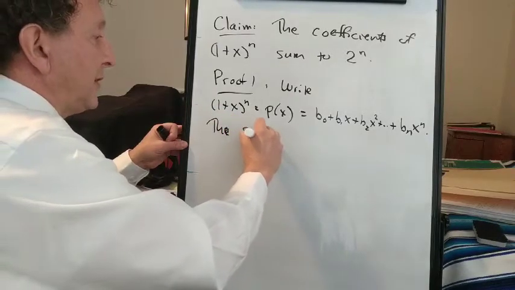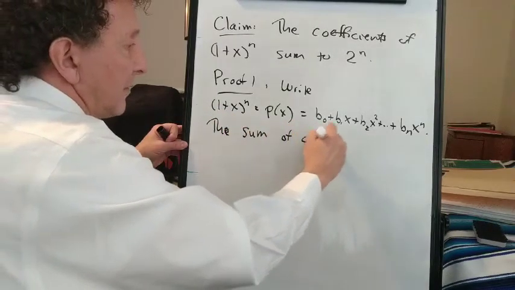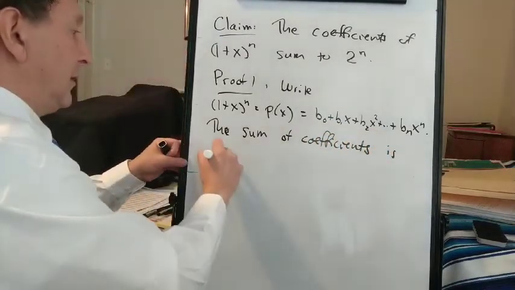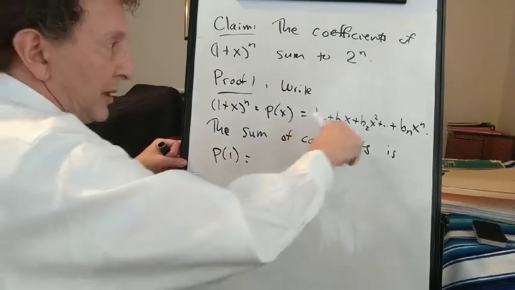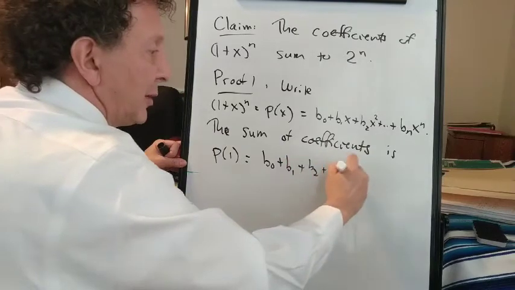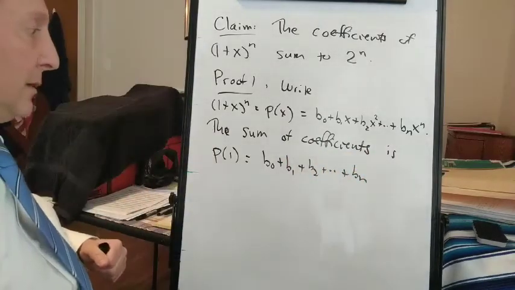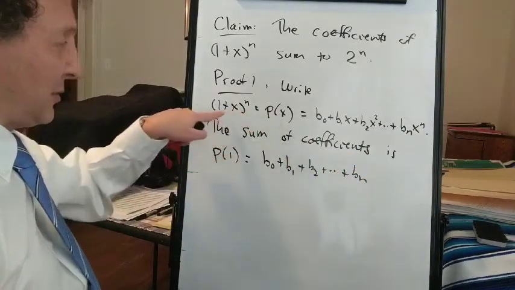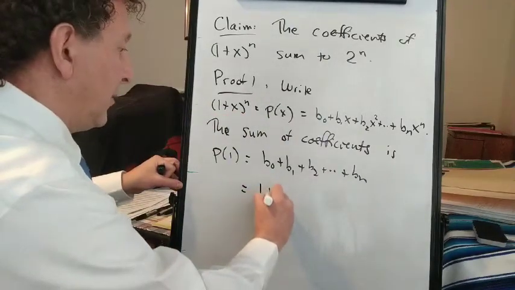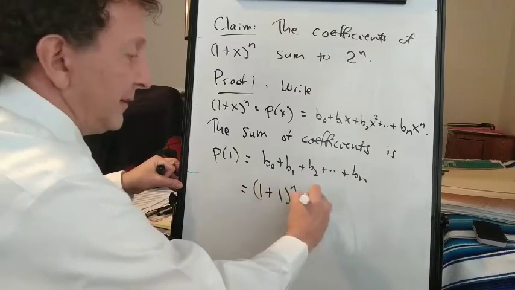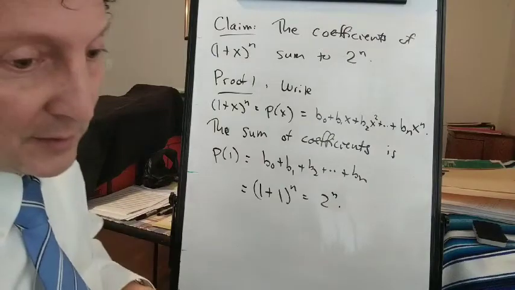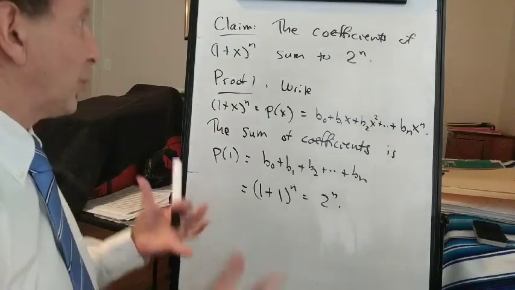Well, the sum of coefficients is p of 1. If we plug in all ones here, we get b0 plus b1 plus b2, etc., up to bn. But if we plug in 1 to p of x, which is defined to be 1 plus x to the n, we get 1 plus 1 to the n, which is 2 to the n. So all of the coefficients have to add up to 2 to the n. So that's one way of looking at it.